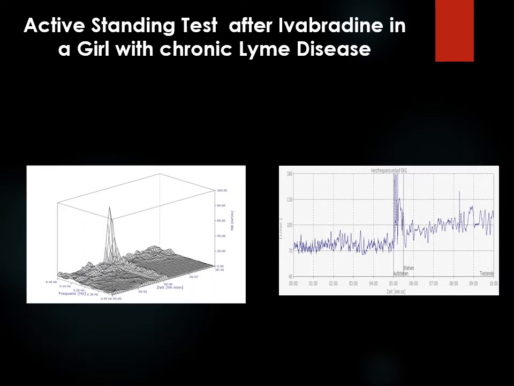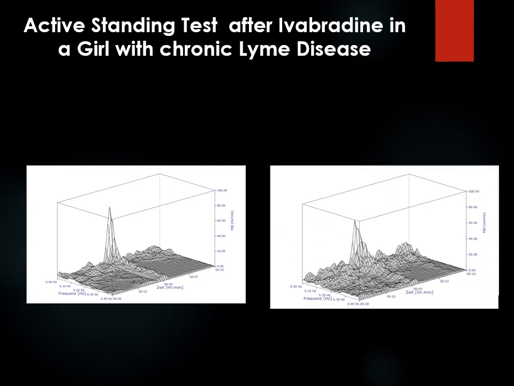The picture of vagus activities, a fast Fourier analysis, shows this flat collapse of heart rate variability in standing at the beginning of this therapy, and the development of vagus activity in the standing position after ivabradine therapy.